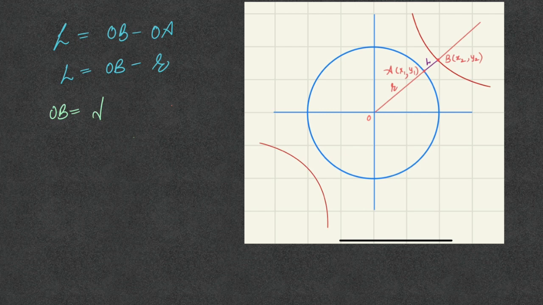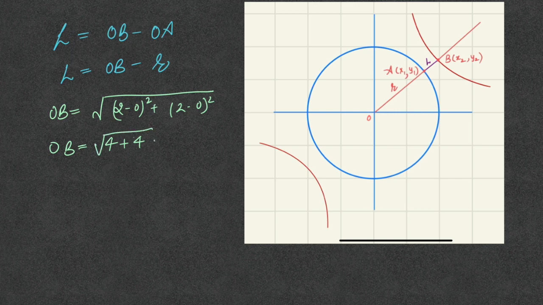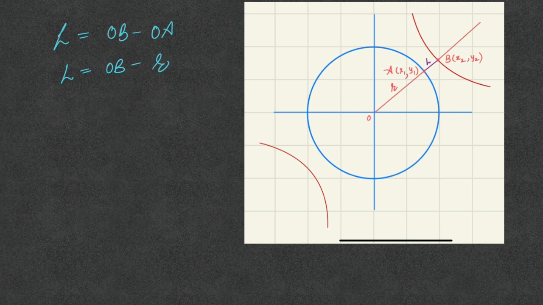So OB is under root of (2 minus 0) square plus (2 minus 0) square, which is under root of 4 plus 4, which becomes 2 root 2. And OA is your radius, which is equal to 1 from x1 square plus y1 square equal to 1. This 1 represents the radius, so radius is equal to 1.